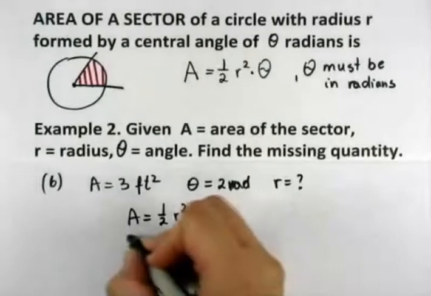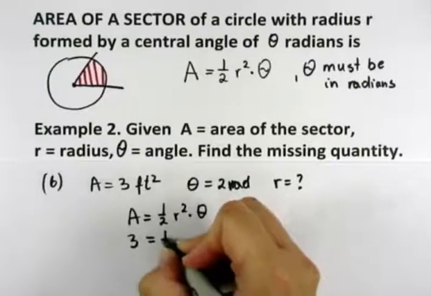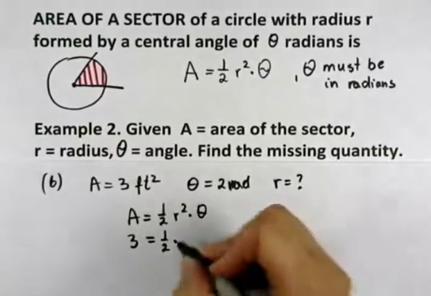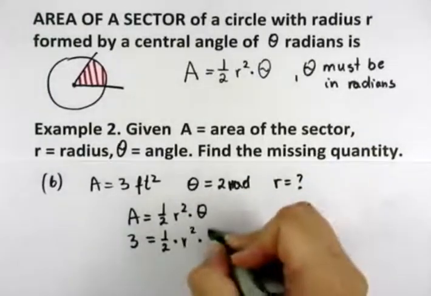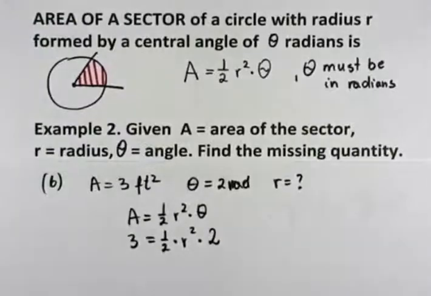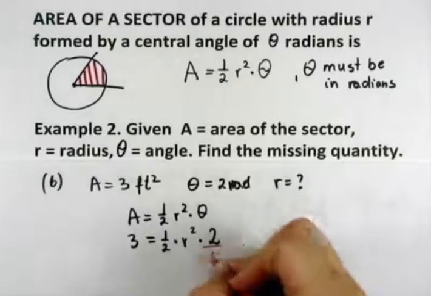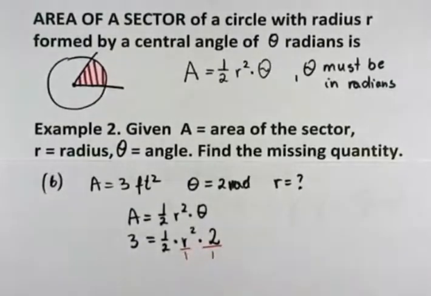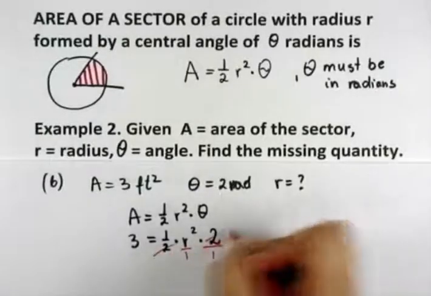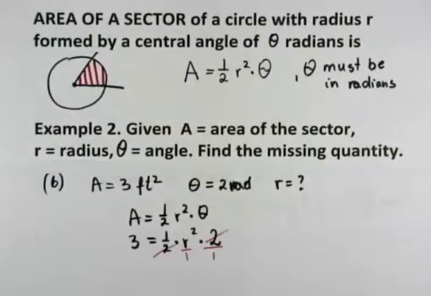So area 3 is equal to 1/2 times radius we are looking for, and times 2. So 2 is like 2 over 1. Radius is like over 1. So multiply that, this would be 1 times r squared times 2 over 2. So in other words, this 2 and 2 can reduce.